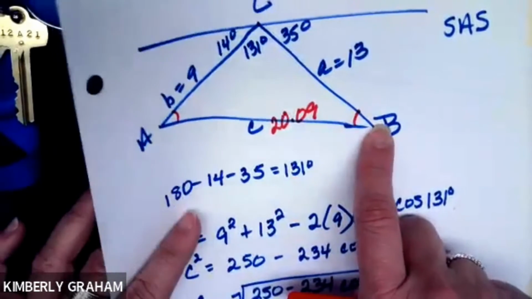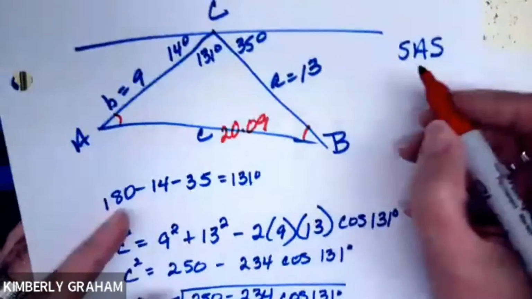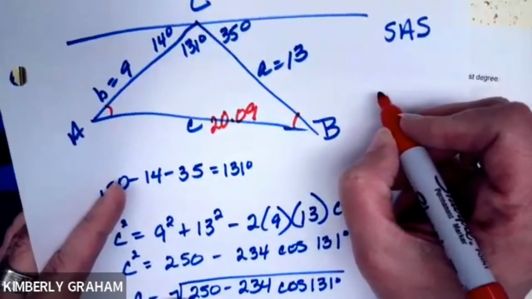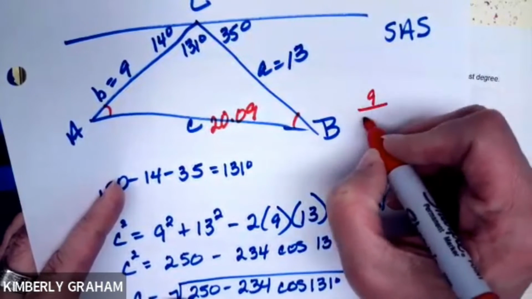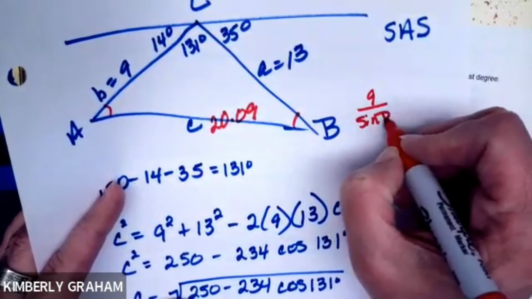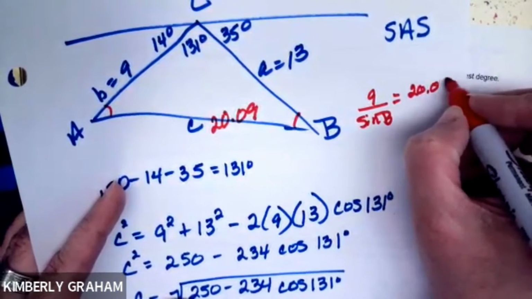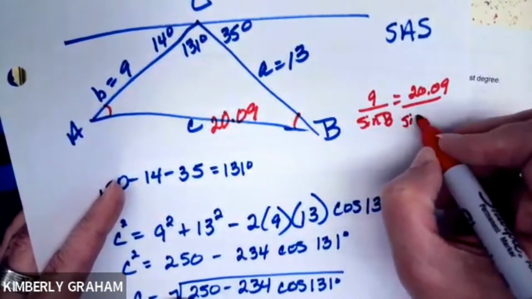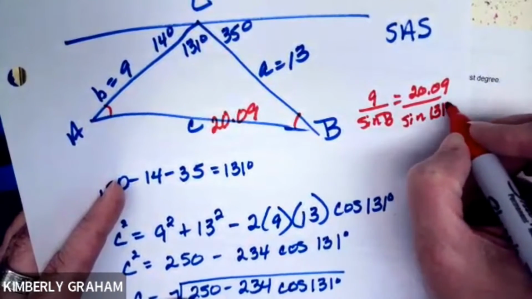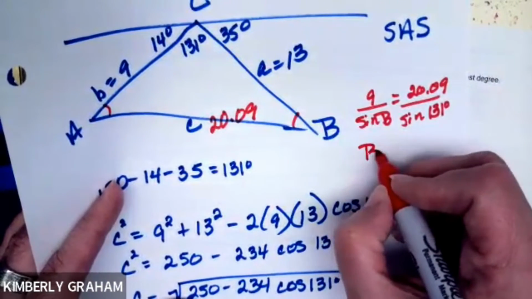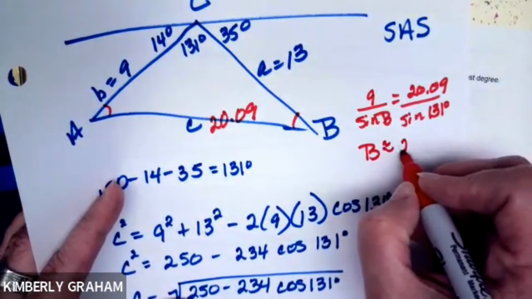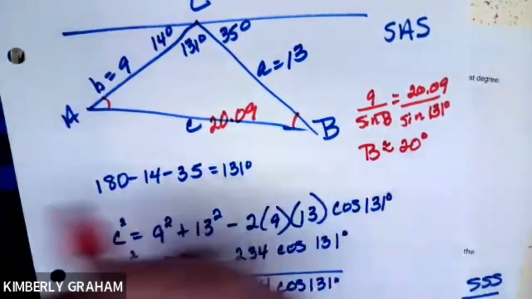So when you find angle B, you're going to be using the law of sines. You would have sine B over 9 equals sine of 131 degrees over 20.09. Solve that and you get B to be approximately 20 degrees.